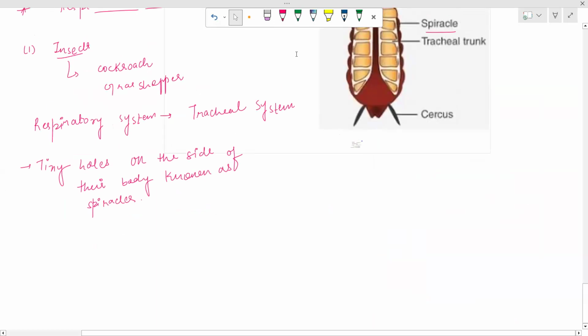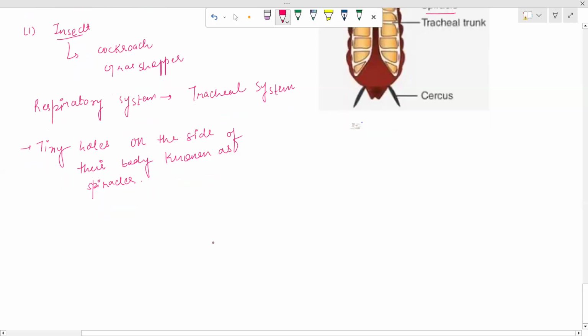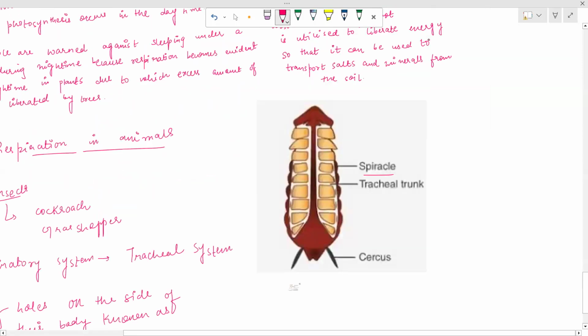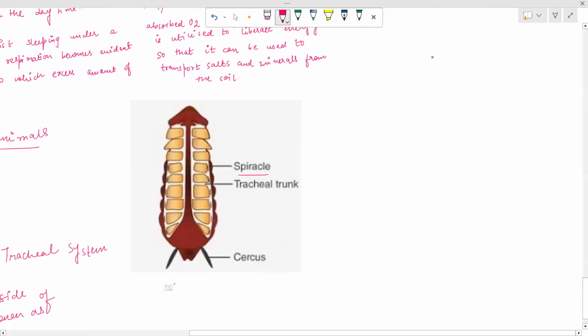So I can write one more point here. Let's understand how the air passes first. These spiracles are present on the sides of the body, and they are connected to a network of thin air tubes.